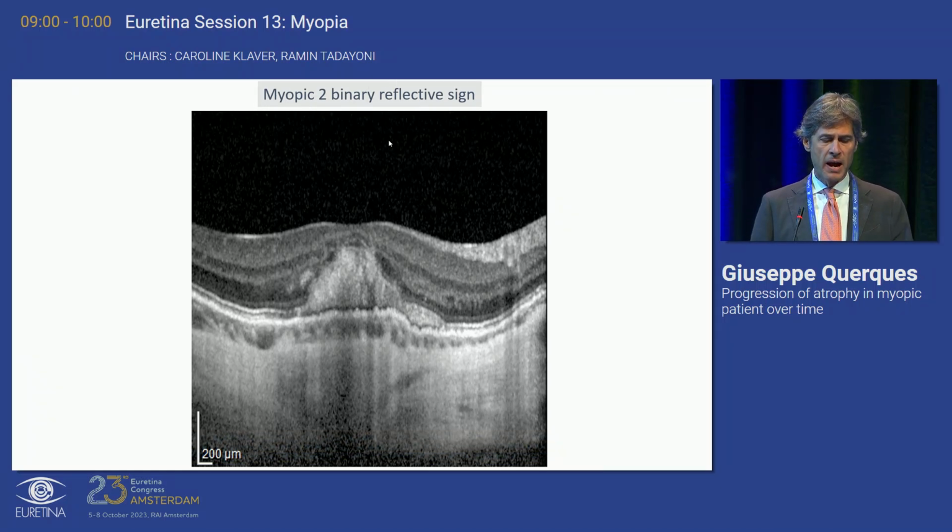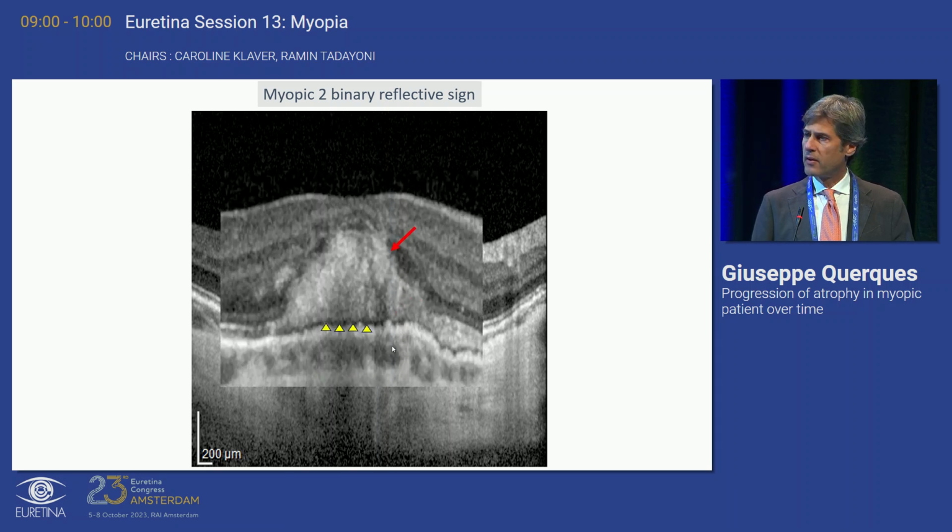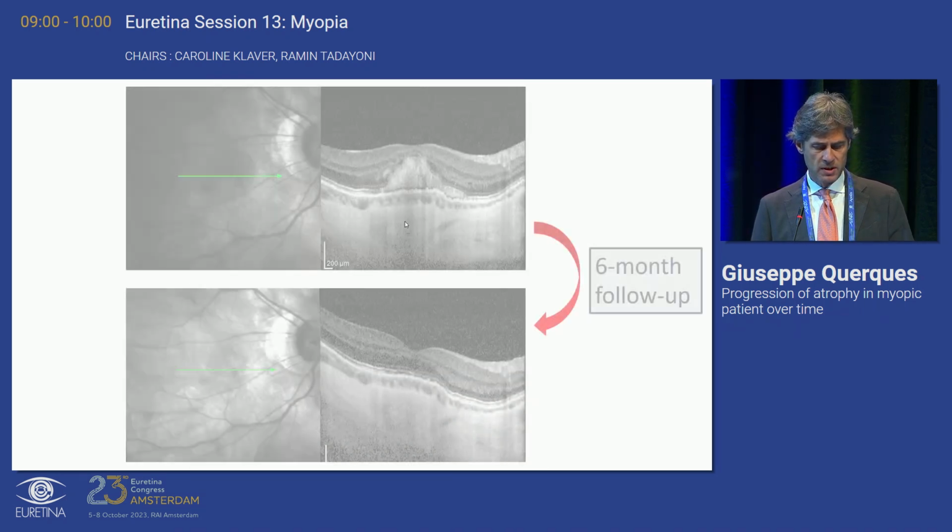This is the binary reflective sign: a linear hyporeflectivity between the hyperreflectivity of the RPE and the hemorrhage, which is typical for simple bleeding and not as present in bleeding related to neovascularization.